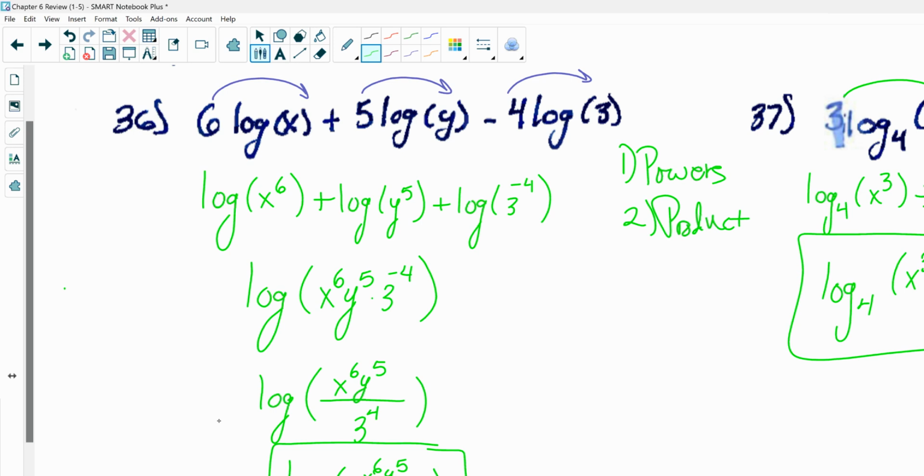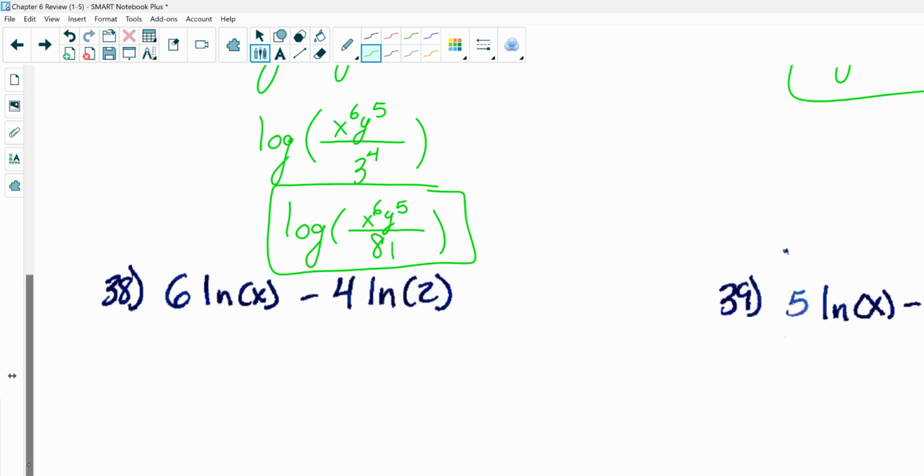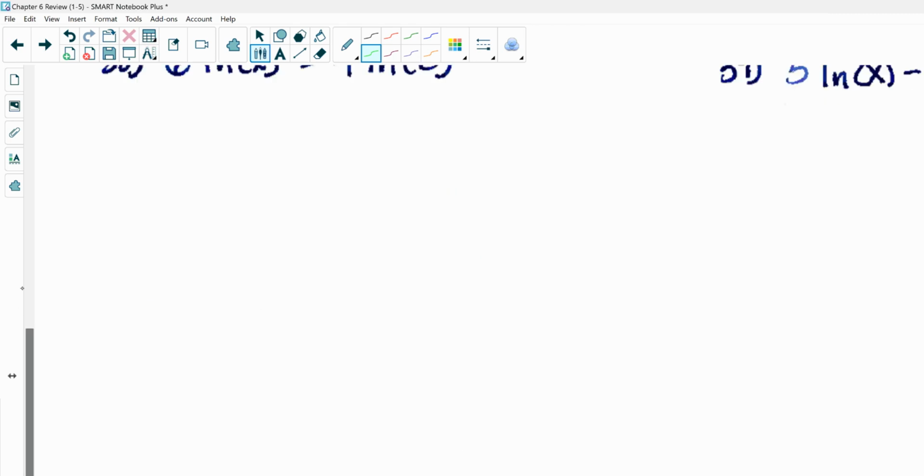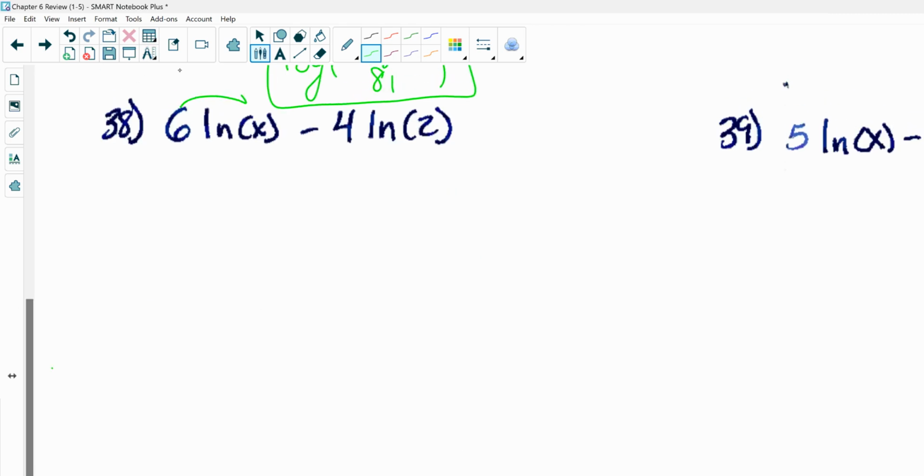Questions on condensing? Any other ones of those that we want to look at? 38. Powers first. Which would give us ln of x to the 6 plus ln of 2 to the negative 4.